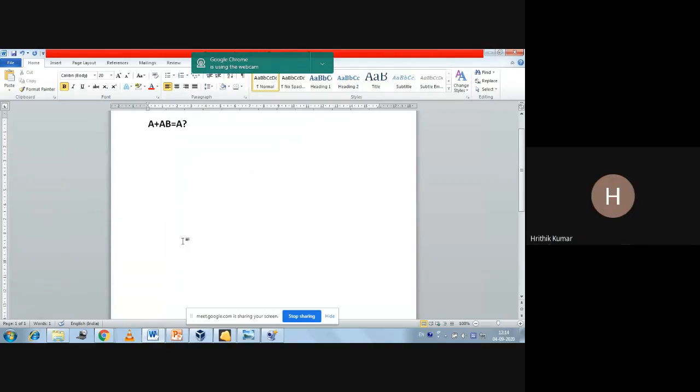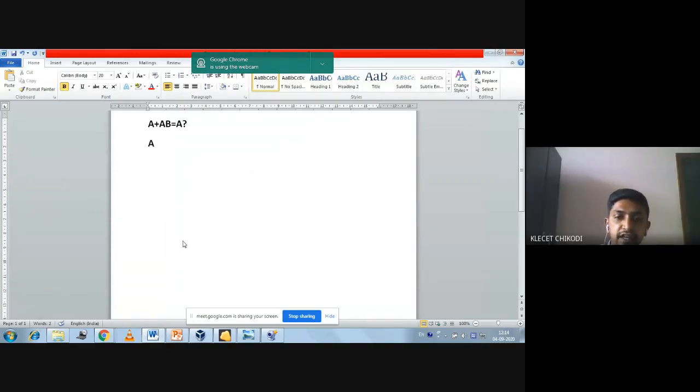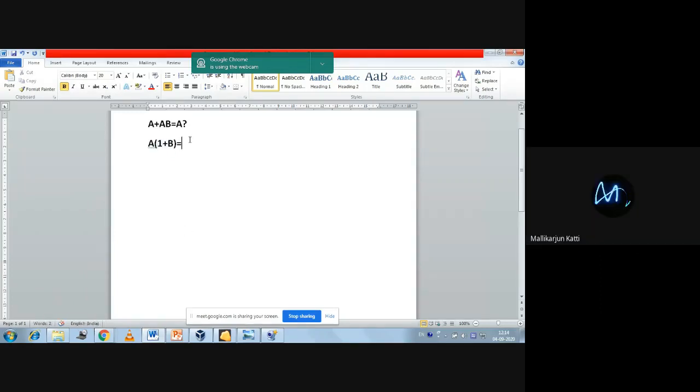Okay. What we do here is take A common from both terms on the left hand side. If you take A common, it will be 1 plus B. Now, what rule do we have to apply here? 1 plus B equals 1.